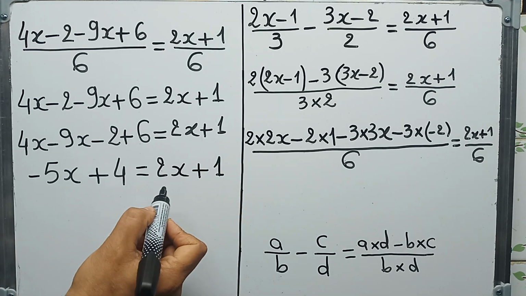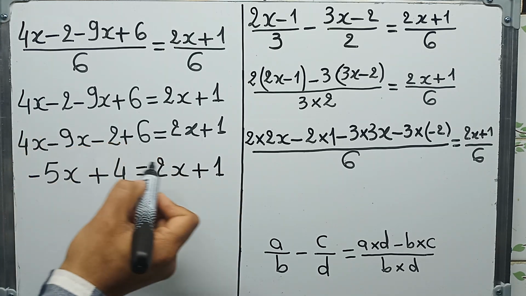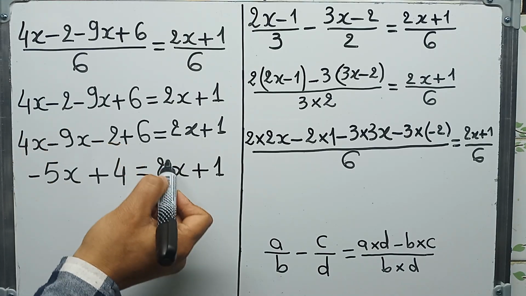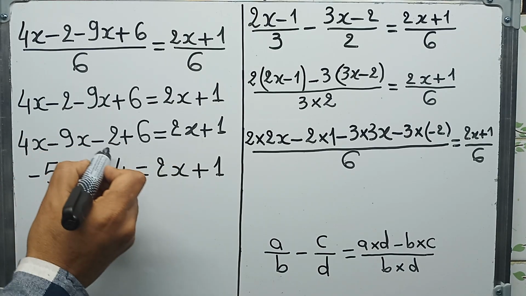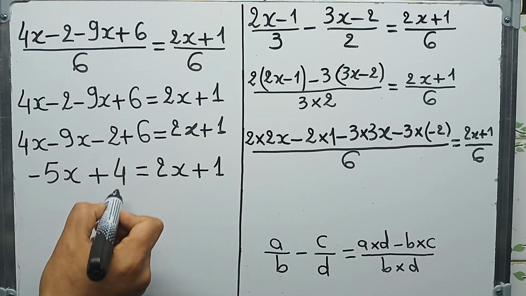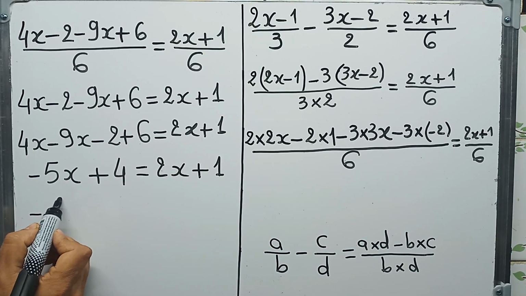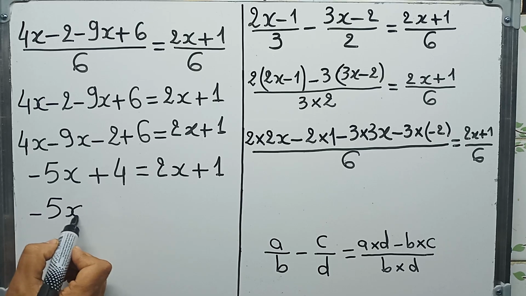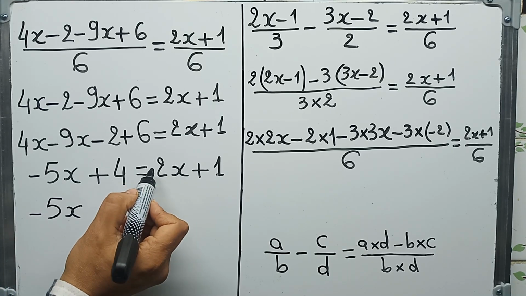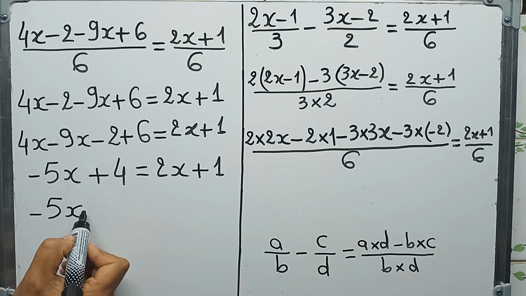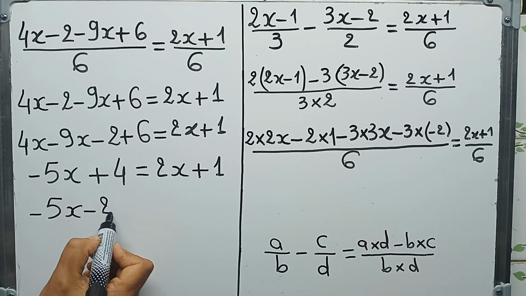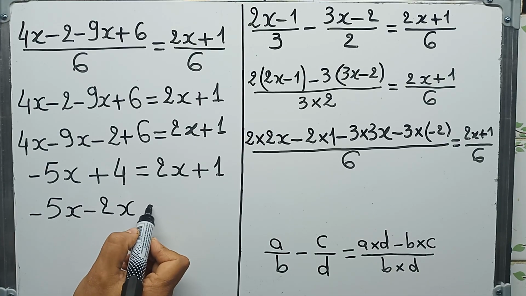And here the final step: bring the variable next to the other variable, and the known number, plus 4, to the other side with plus 1. So we have minus 5x, and plus 2x comes to the other side and becomes minus 2x.